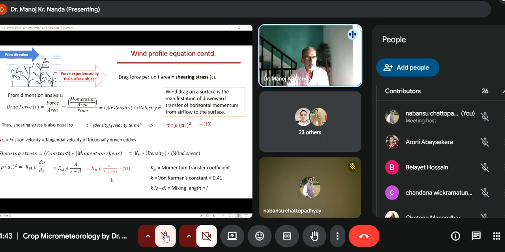So this becomes a very simple formula for me ultimately. Rho U asterisk square is equal to the momentum transfer coefficient into rho into du by dz. Now equating these two, the momentum transfer coefficient becomes simply U asterisk into K into Z minus D. This K into Z minus D is called mixing length in micrometeorology, and U asterisk is called your friction velocity. So friction velocity into mixing length becomes my momentum transfer coefficient.